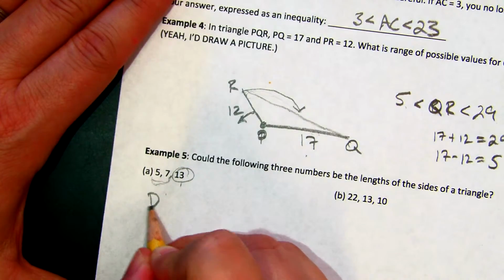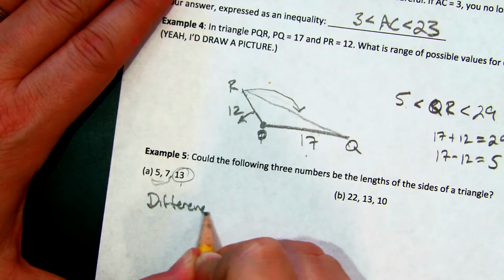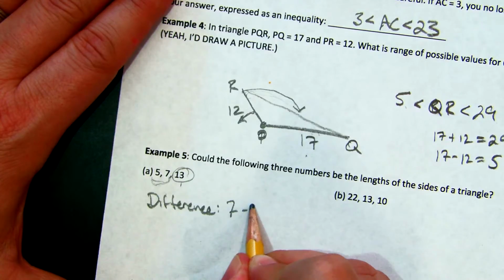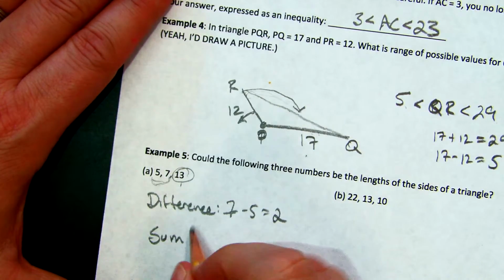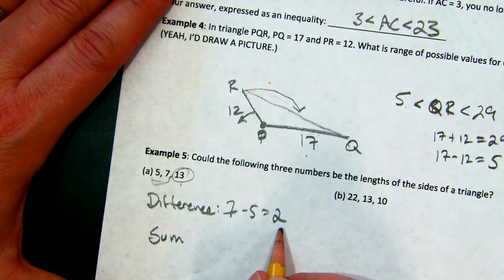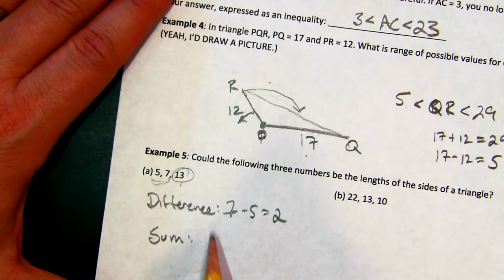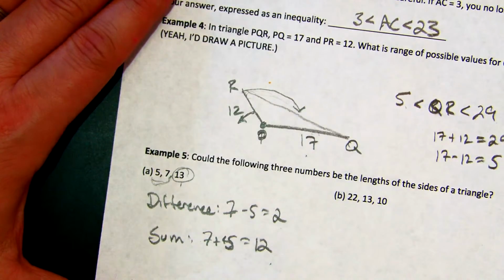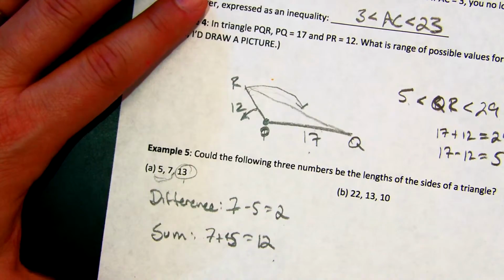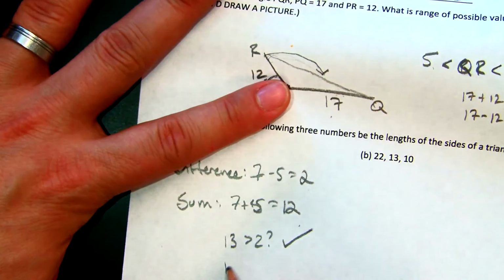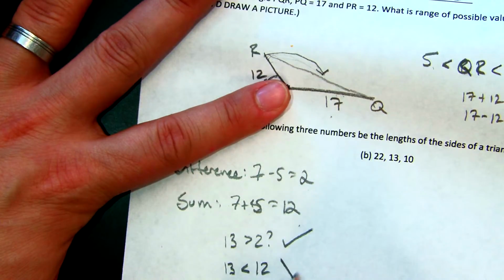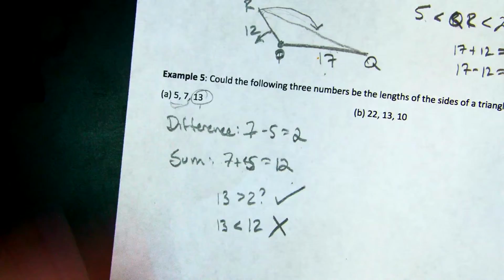Well, the difference, that's 7 minus 5, which equals 2. That's the shortest that third side can be. The sum is going to be 7 plus 5, which equals 12, and that's the longest the third side could be. So, 13, is it greater than 2? Yes. Is it less than 12? No. So, 13 is too long, right?